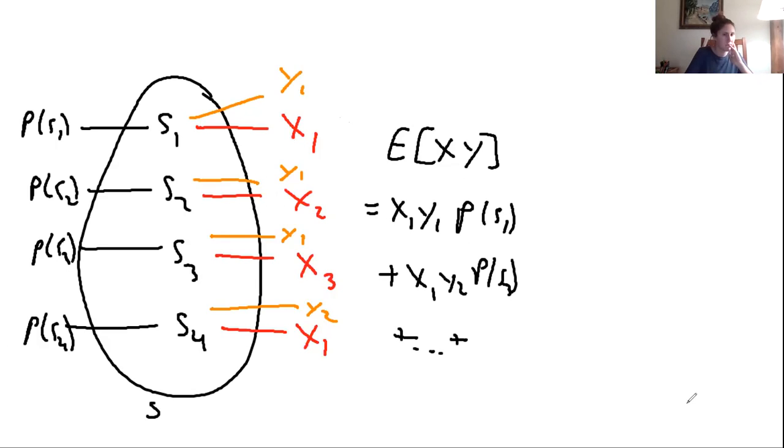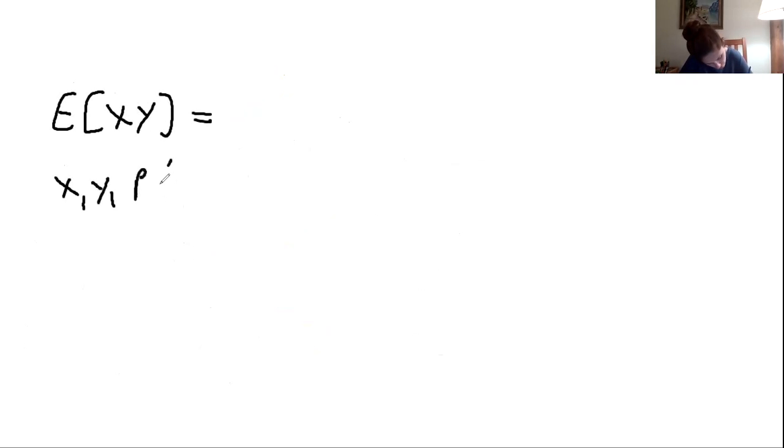So I could have calculated this as follows. The expected value of x times y is, let's say, x1 times y1 times the probability that x equals x1 and y equals y1.